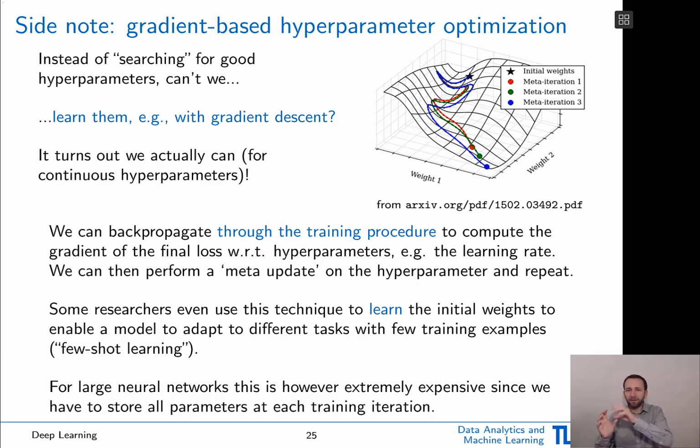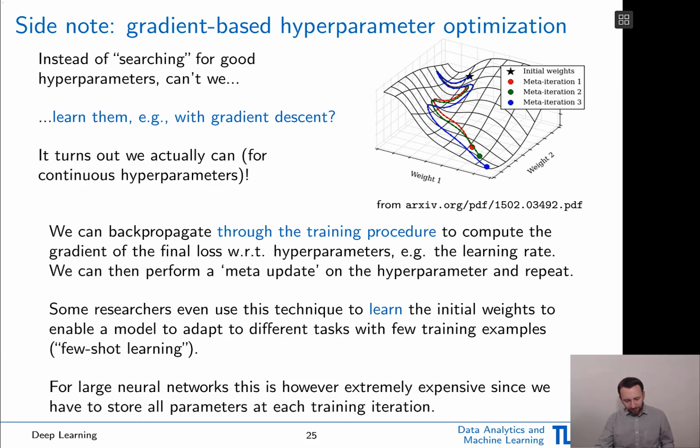Since you only have a few training examples, you might only want to do a few training steps to not overfit. But hoping that these initial weights also help for this domain, you might do a good job also for these few training examples. This is often called few-shot learning, because you only have a few examples. You cannot really do a full-blown training, but you have to do something. And these initial weights you learned before might be a good idea.